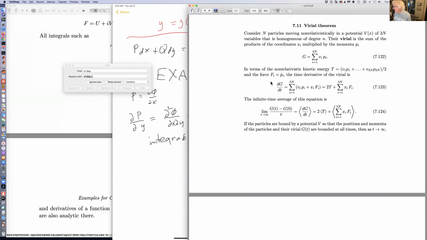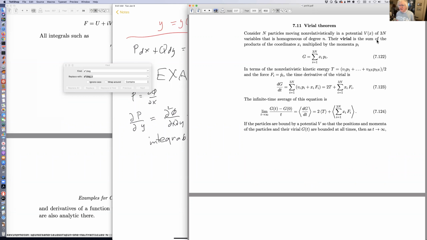Let's go to the next topic, which is an application of Euler's theorem, namely the Virial theorem, which of course is important in mechanics and in astronomy and I guess cosmology as well. So let's imagine n particles moving non-relativistically in a potential of 3n variables, the 3n coordinates, because it's three-dimensional space.